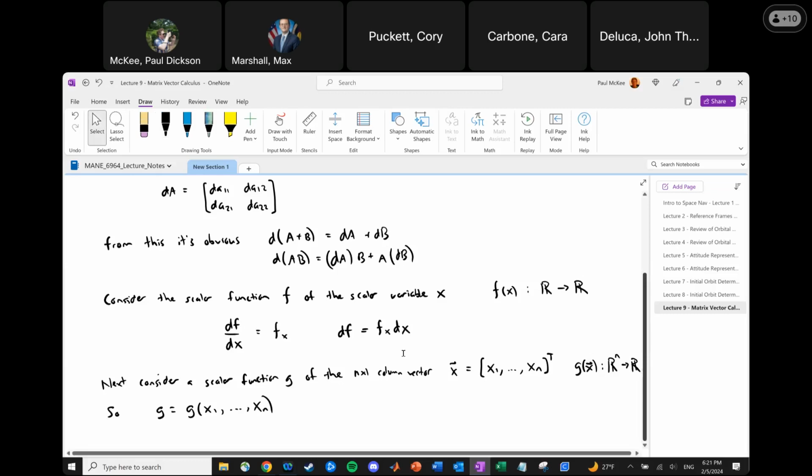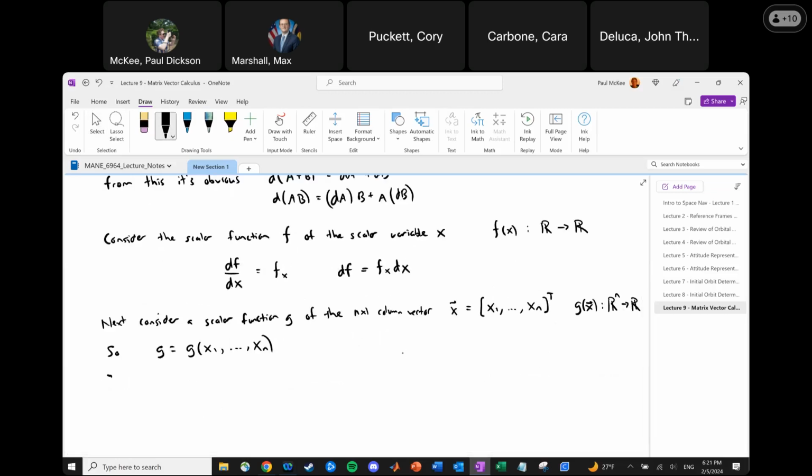Okay. From the chain rule, remember the chain rule? From the chain rule, the differential of g is g sub x1 dx1 plus g sub x2 dx2 plus all the way out to g sub xn dxn.